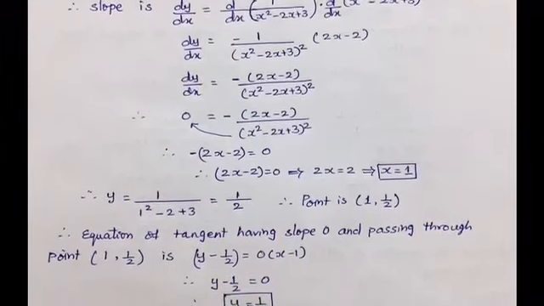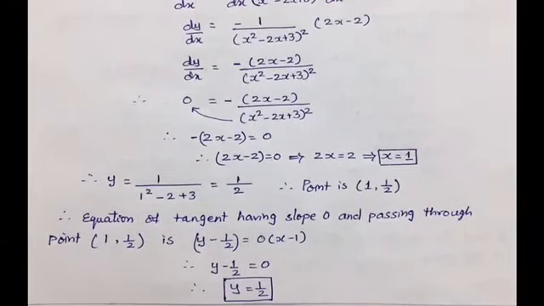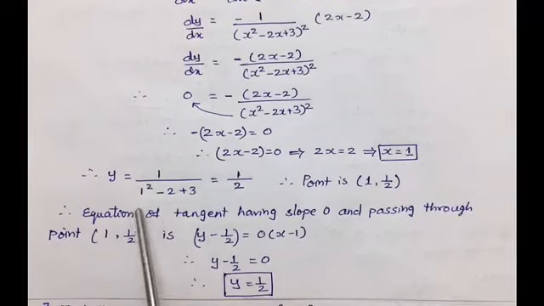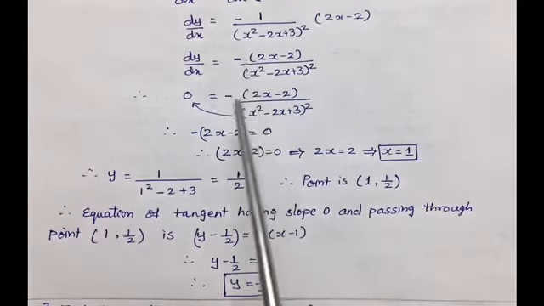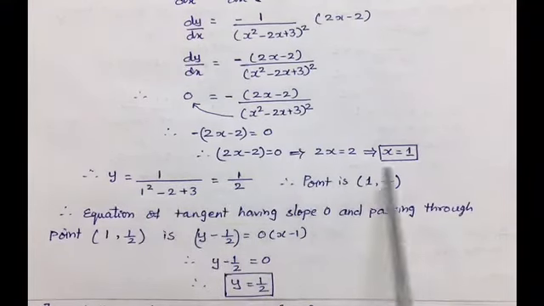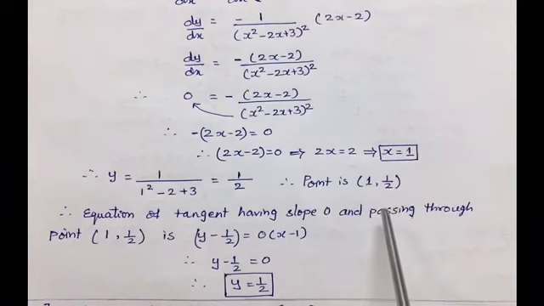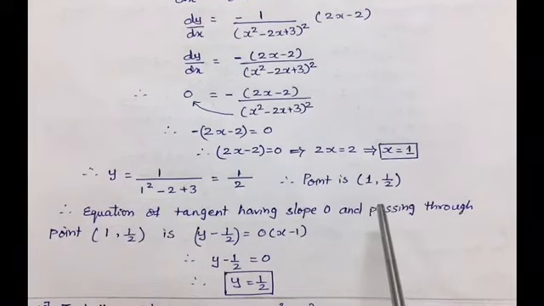Now once the value of x is known to us, to calculate the value of y, we will be substituting it in the equation of the curve, that is 1 upon x square minus 2x plus 3. In the place of x, putting the value 1, we get y as half. Therefore, the point that is calculated becomes (1, 1/2).